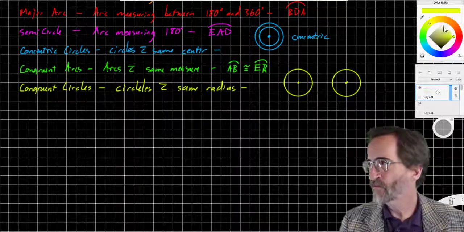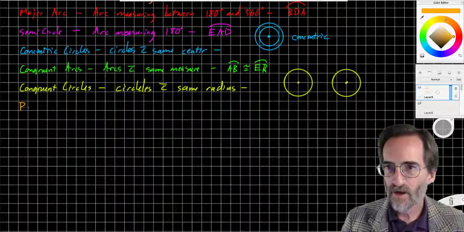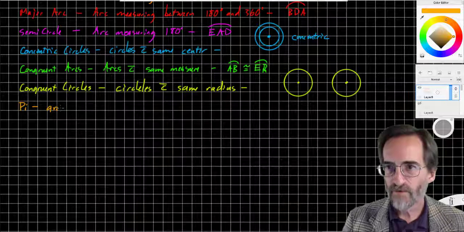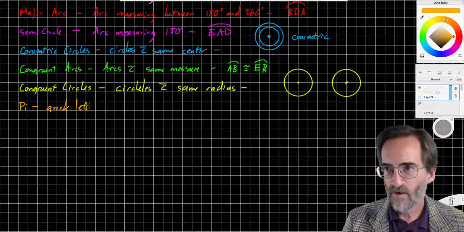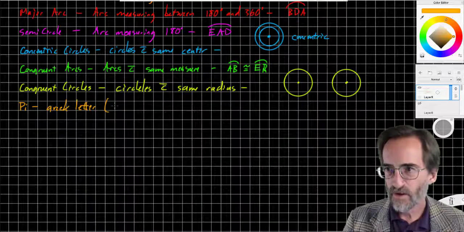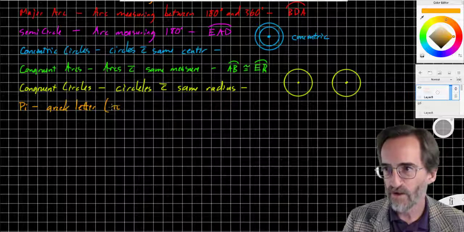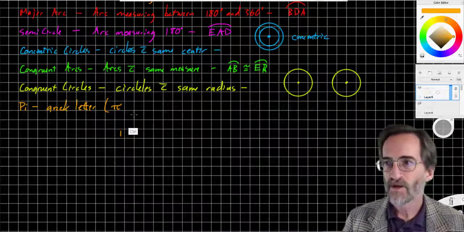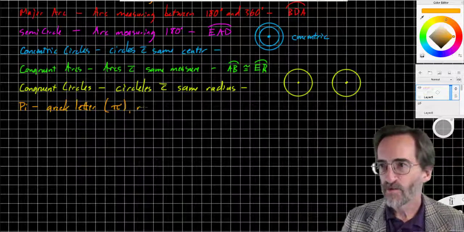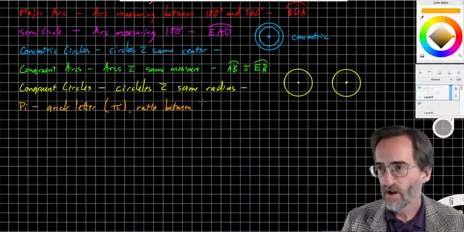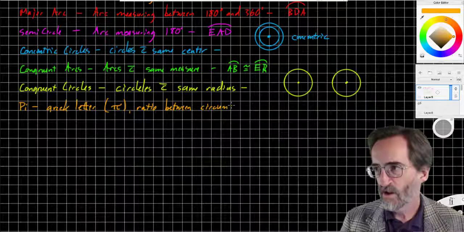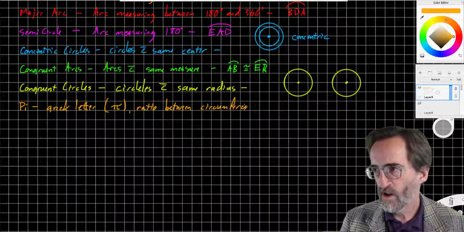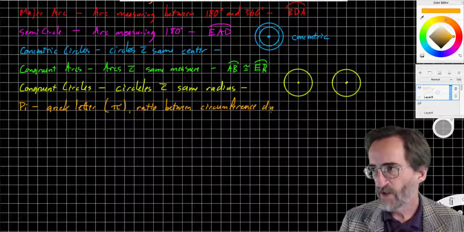Pi. It's a Greek letter with this symbol. It has two legs. Technically, you're supposed to curl the one there and curl the top like that. But most people just do two lines and a line on top. And it is the ratio, in mathematics, between circumference and diameter.